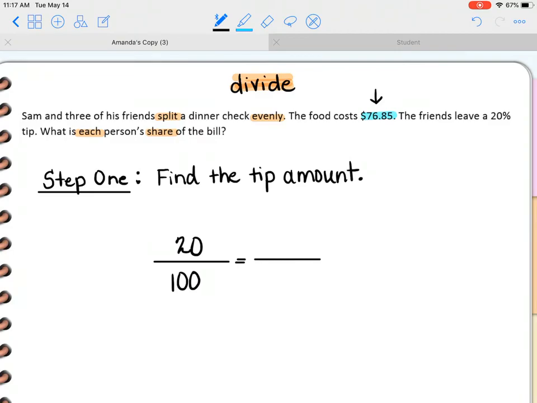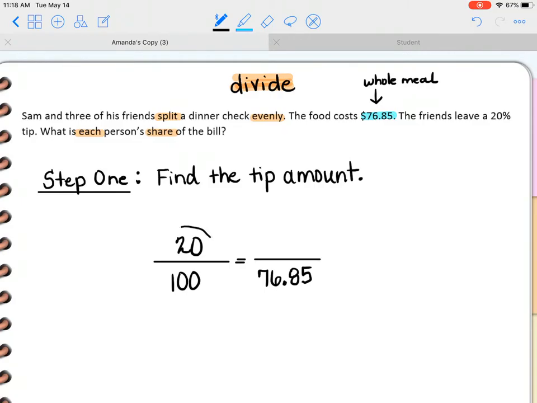Is that all the food we ate? Or is that only some of it? This is the whole. This was the whole meal. So everything that we ordered is covered on this tab. That's a whole. So you're going to set that down here on the bottom.